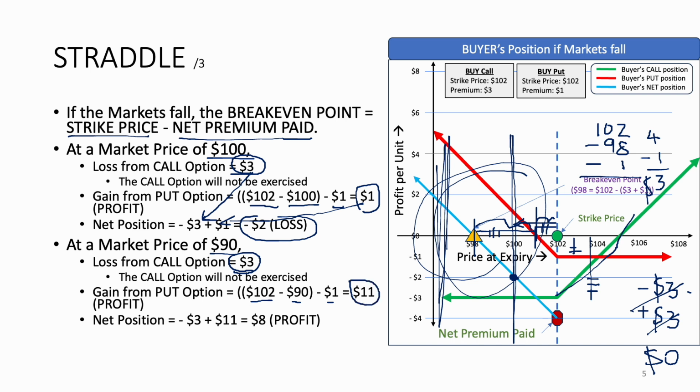So our net position is minus $3 plus $11, which gives a profit of $8. If you see the graph fully, you will notice that you will have a profit of somewhere around $8. So you see that again, the markets have to either fall sufficiently or rise sufficiently in order for us to make a profit when we use the straddle strategy.